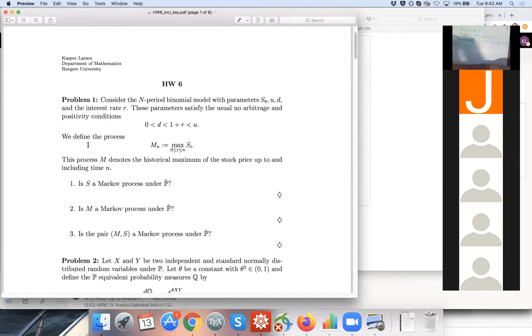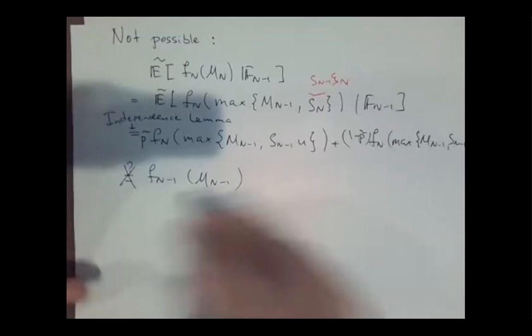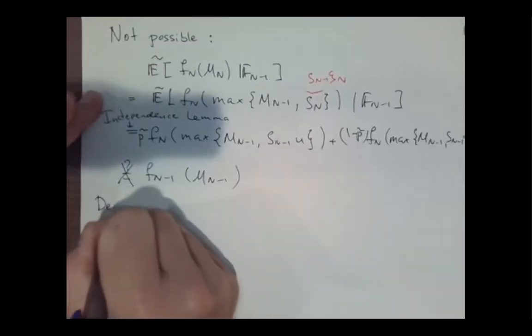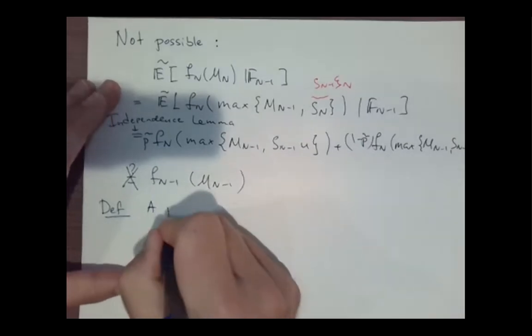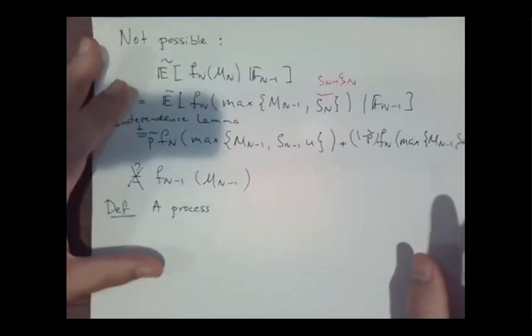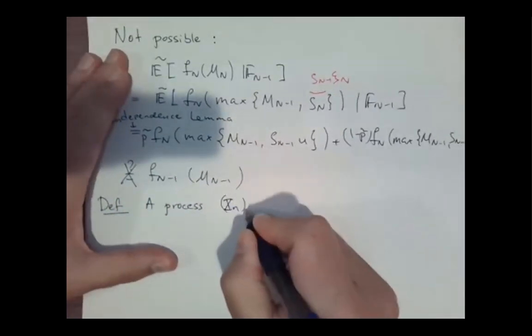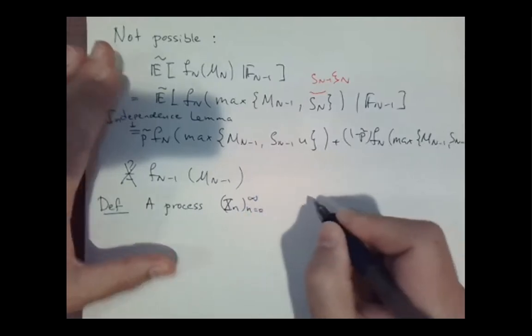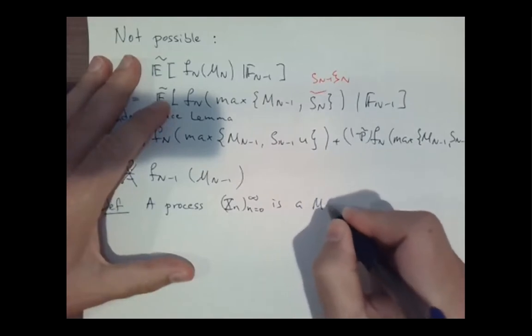So what I'm going to do now is write down the formal definition of what it means to be a Markov process. So say a process X is a Markov process.